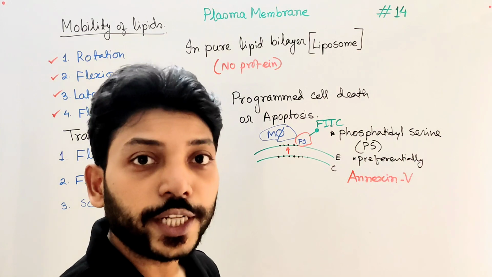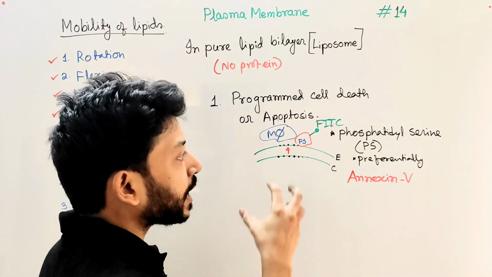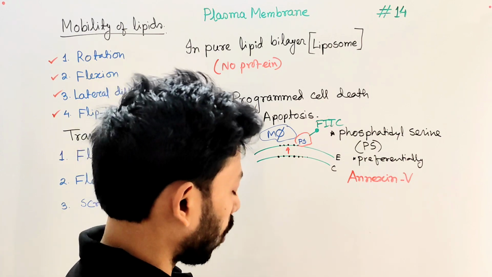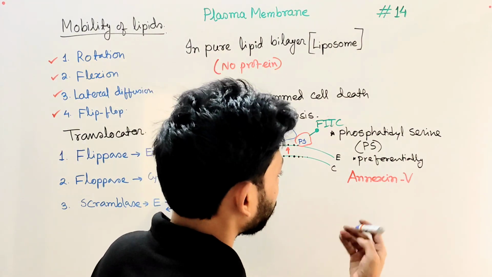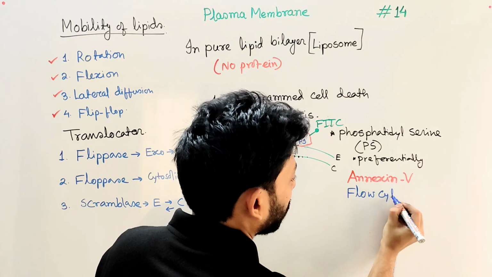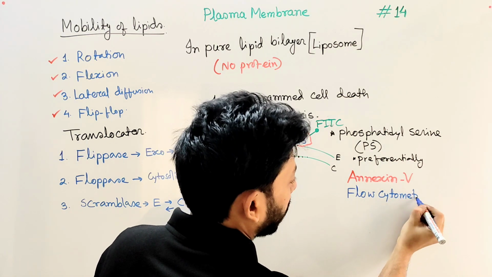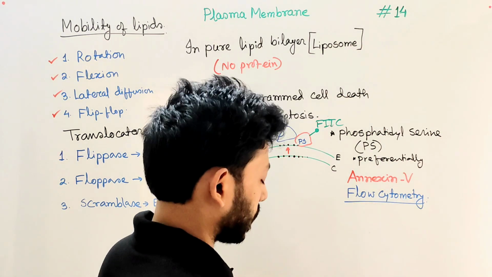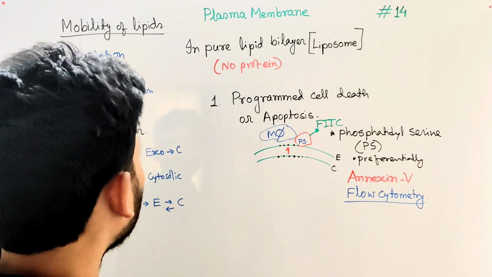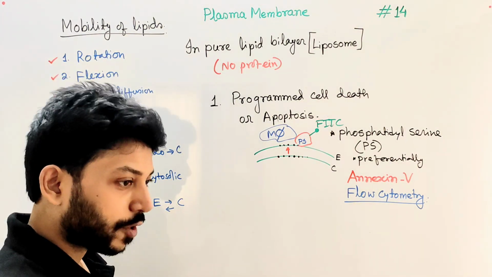FITC can emit green light. So then we can detect the apoptotic cells. There is a technique called flow cytometry by which we can detect these apoptotic cells. So this is the significance of flip-flop movements that occur in cells.